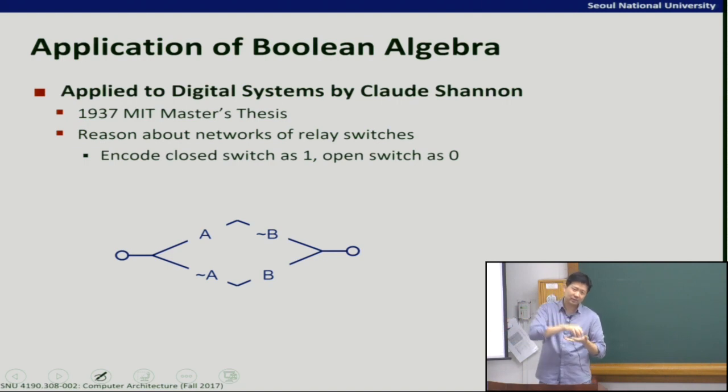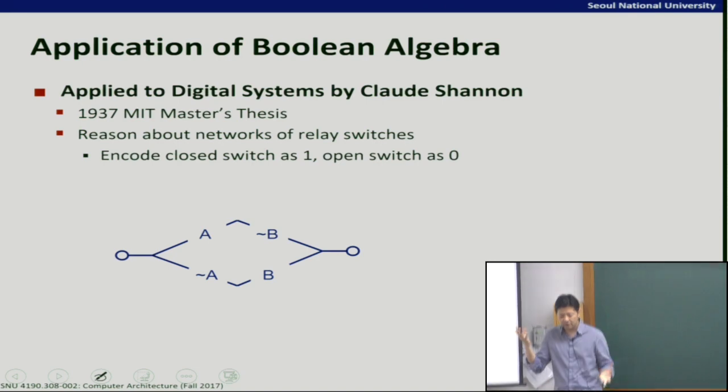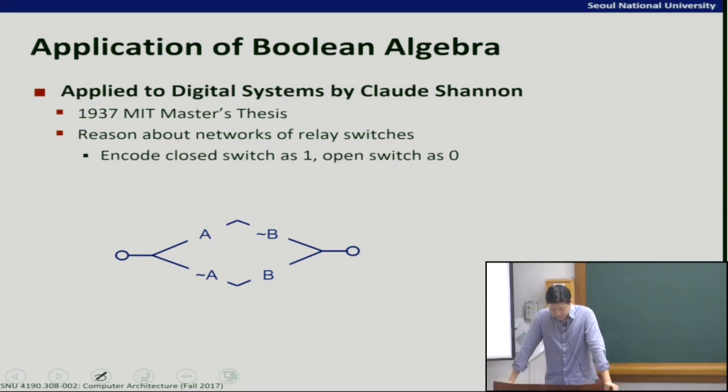Once you have a logical expression, an abstract logical model, it can be easily mapped to a network of gates, right? So you can use an AND gate, OR gate, NAND gate, and so on. It's a very convenient way of expressing any logic, any digital system.